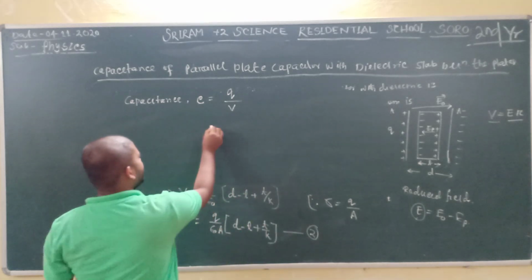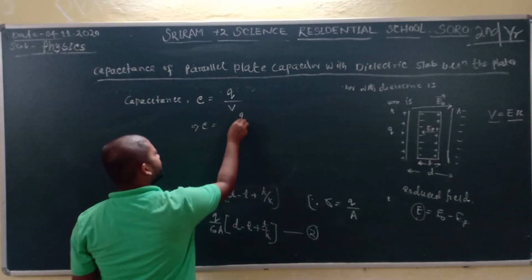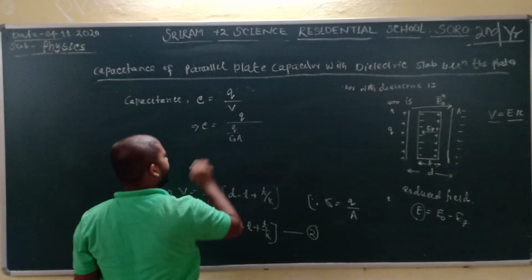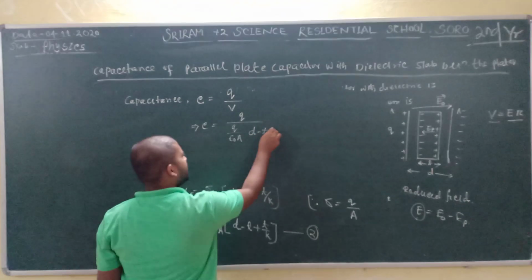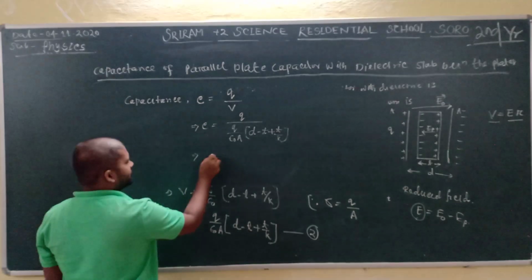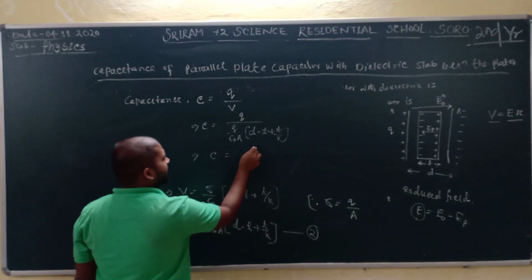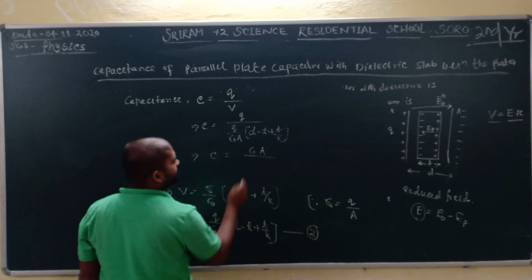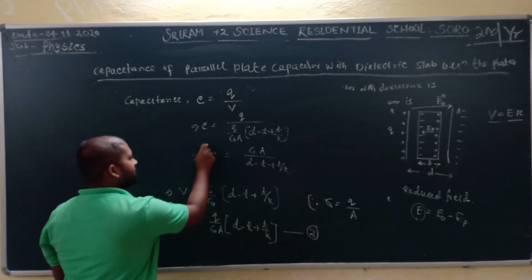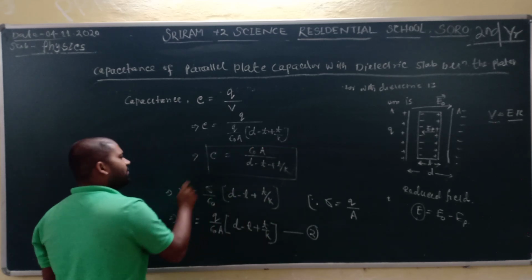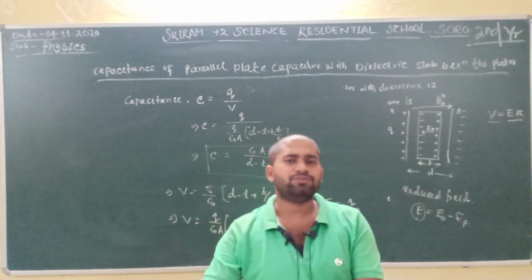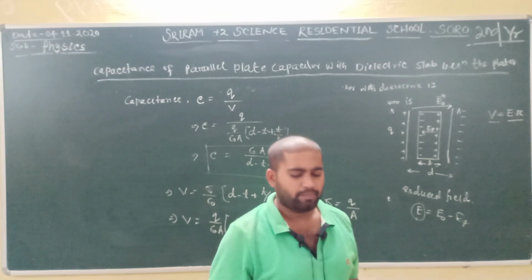So, that will give C equals Q divided by epsilon naught A times d minus t plus T divided by K. Okay, so if you cancel the charge, C equals epsilon naught A divided by d minus t plus T by K. Okay, so this will be the value of electrical capacitance when we introduce the dielectric slab in between the plates. Okay.